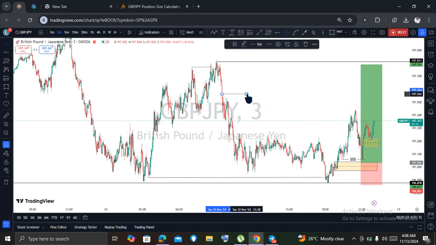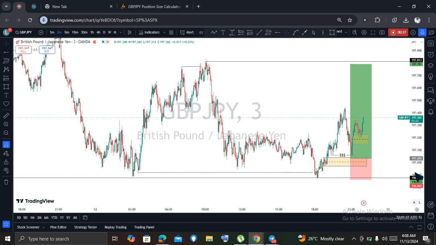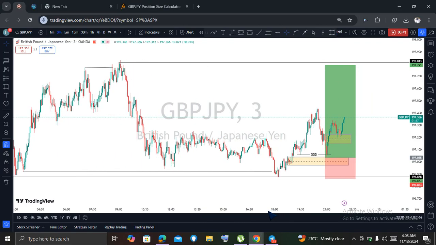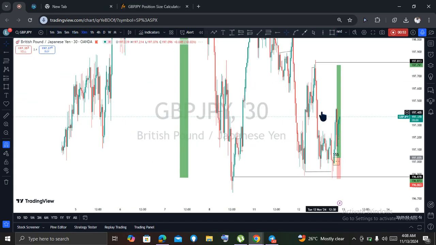My thought process behind this trade is just normal market structure, liquidity, and that's all. Just market structure and structural or inducement liquidity. So yeah, let's dive into it straight up.